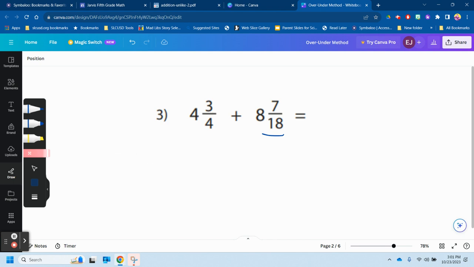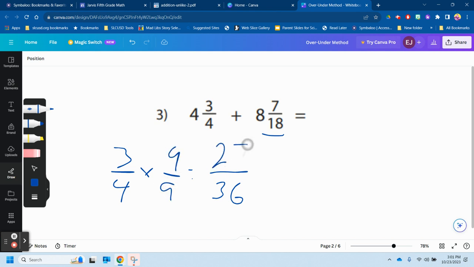I'll just make some room here. So I need to write 3/4 as something over 36. And what do I multiply 4 by to get 36? 9. 9 ninths. So 27/36 is what I get.